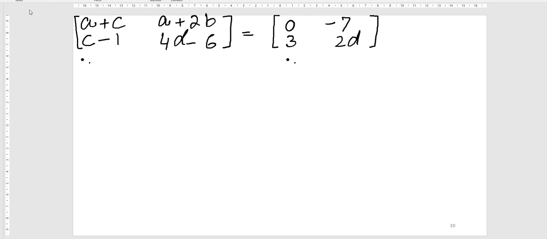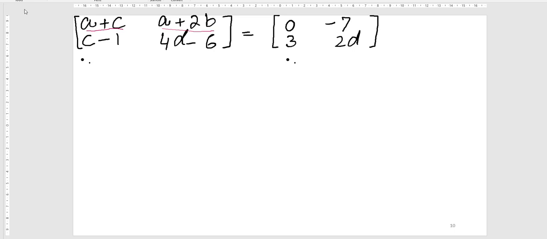On the left hand side, the corresponding entry of a plus c is 0, and of a plus 2b is minus 7. You do not have to match a plus c with 3 or 4d with 7. No, one by one.